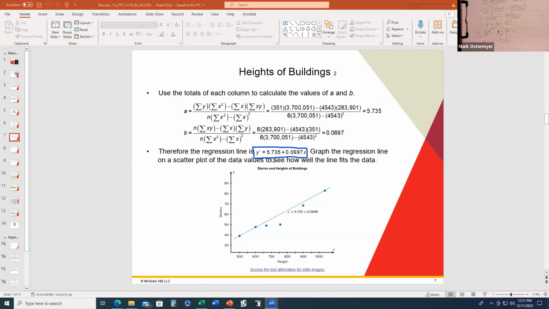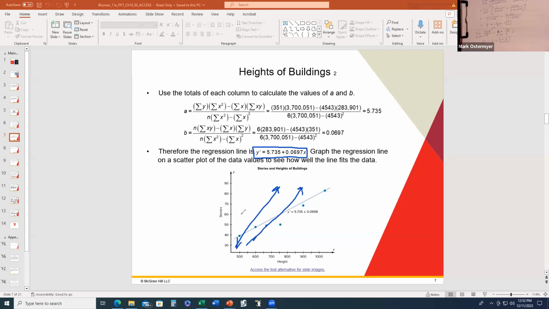All right, so this is our best fit line for this ordered paired data involving the number of stories a building has versus its height. You cannot do better in fitting a line that minimizes your sum of squared errors than this line here, because, stop and think, in reality there's a lot of lines you could fit to this ordered paired data. There's a line with a certain slope.